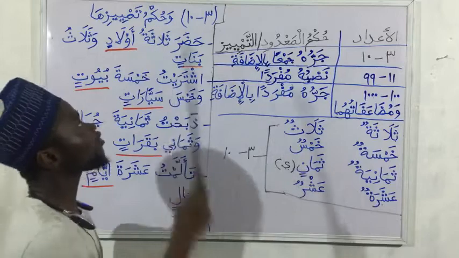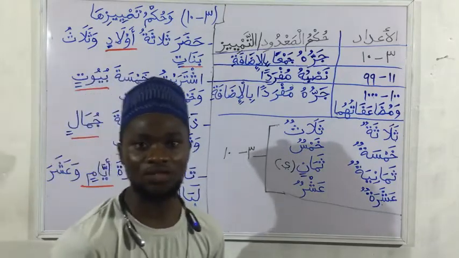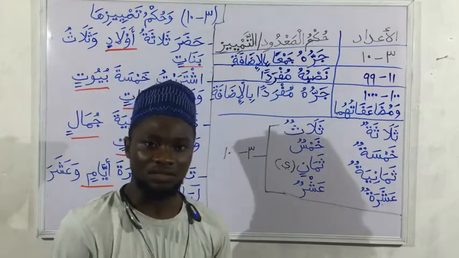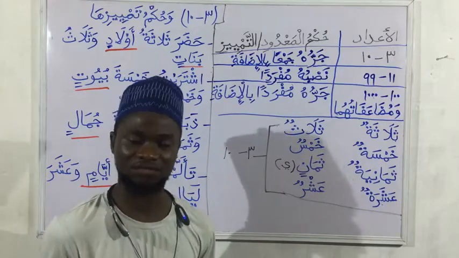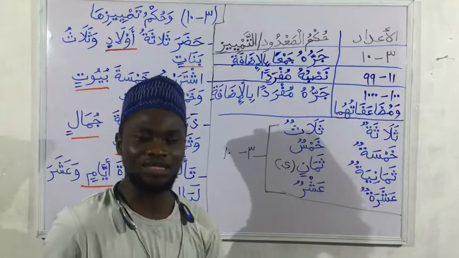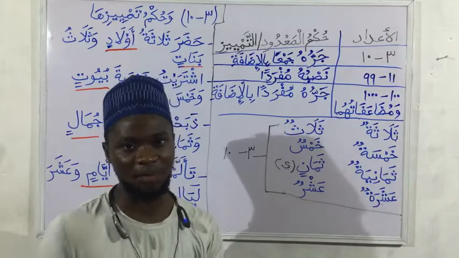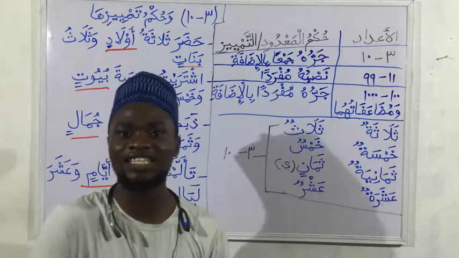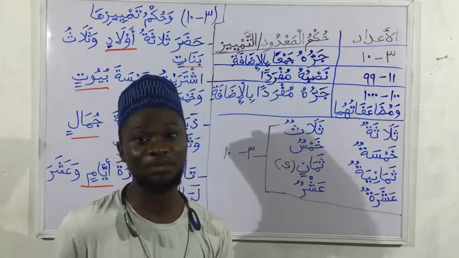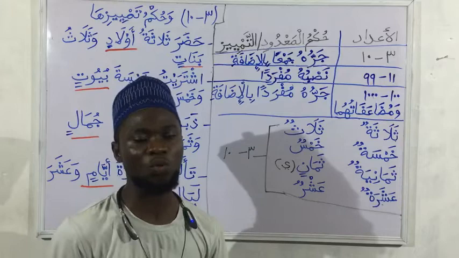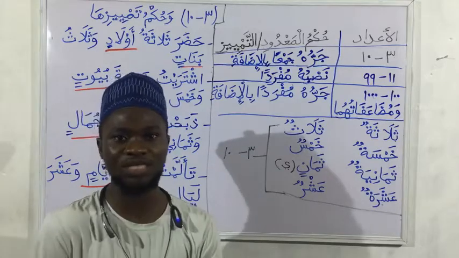For example, if I say hadoro salasatun, 3 were present, or 3 arrived, it does not make complete sense until you add the tamyiz that will remove the ambiguity, which is the ma'dud.